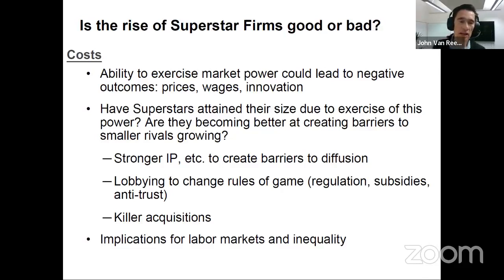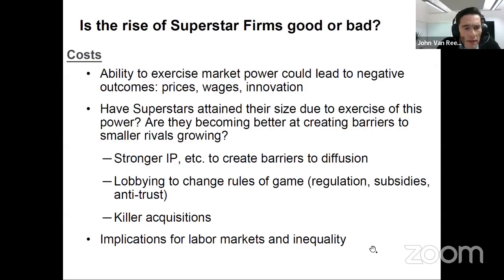Maybe their strength is allowing them to lobby, to change the rules of the game, to prevent regulators, antitrust and competition authorities, from reducing their monopoly power. Then there are killer acquisitions. Maybe they're buying up the promising startups and then absorbing their innovations or even killing their innovations off. That's a concern which has been raised for many of them.